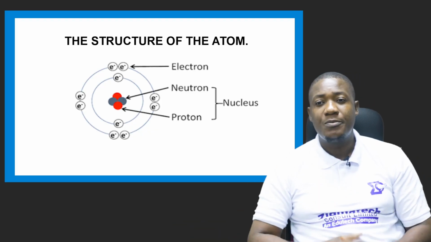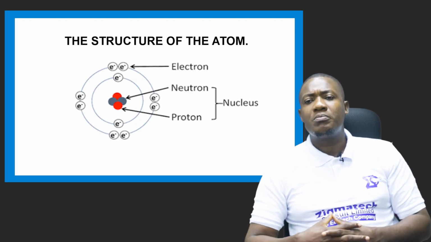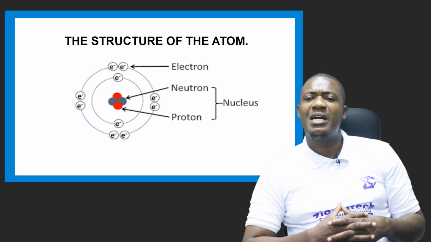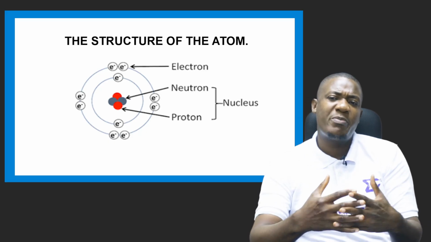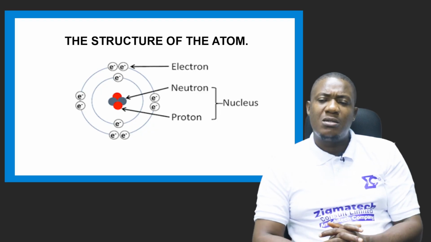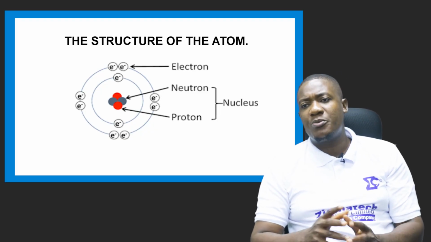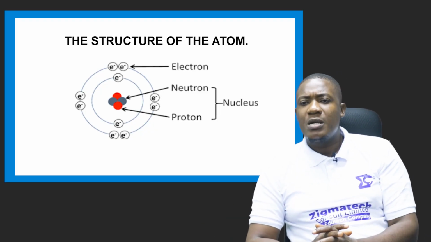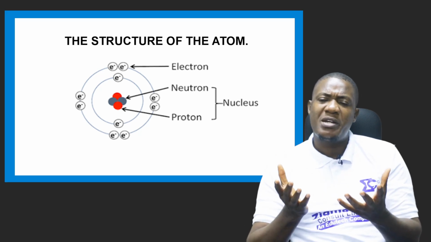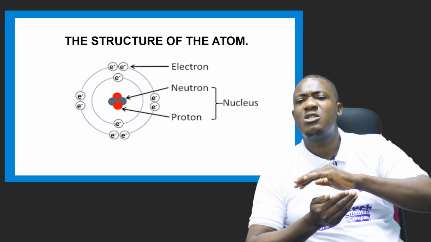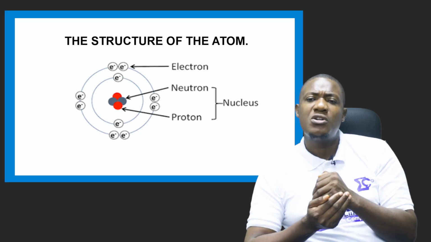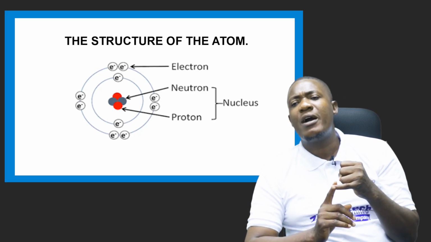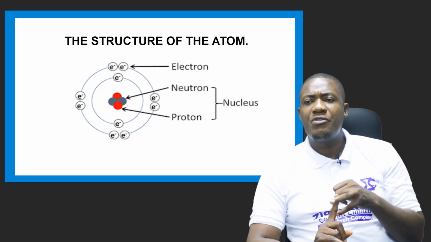Let's understand it. You already know from your basic school that an atom is that smallest part of an element, all right, which has the same properties as the element. Now, the structure of an atom is said to have a massive nucleus. In this nucleus, we have the proton, we have the neutron.